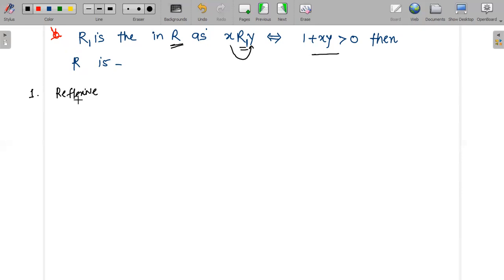To make your relation reflexive, a particular ordered pair x comma x must belong to relation R1. That means we need to prove that the value of 1 plus x square is greater than 0.